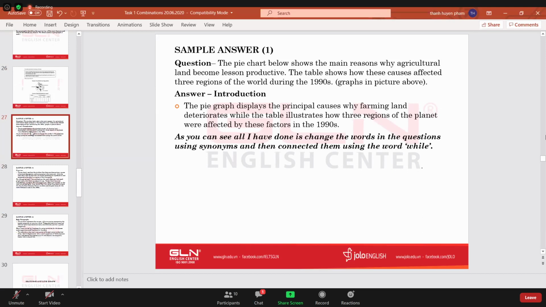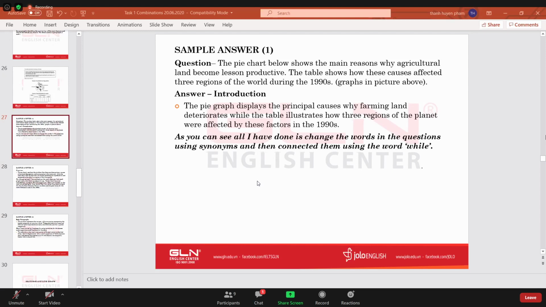So as you can see, all I have done is change the words in the questions using synonyms, and then connected them using the word "while". So if we look at the question, it says the pie chart below shows. In the introduction, I've written the pie chart displays. Then in the question, we have the main reasons. In the answer, we have the principal causes.